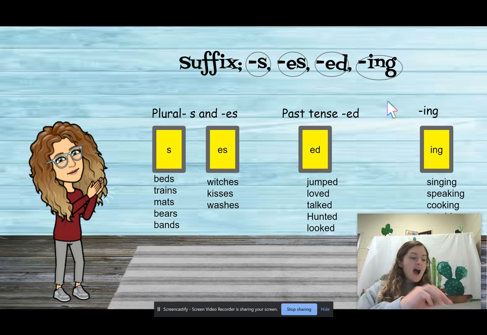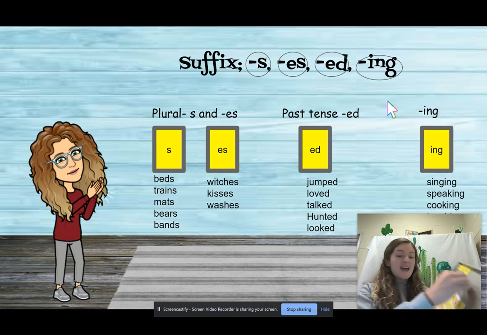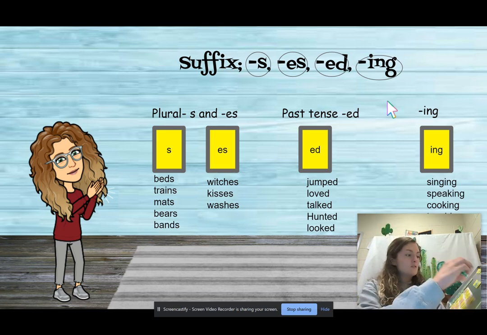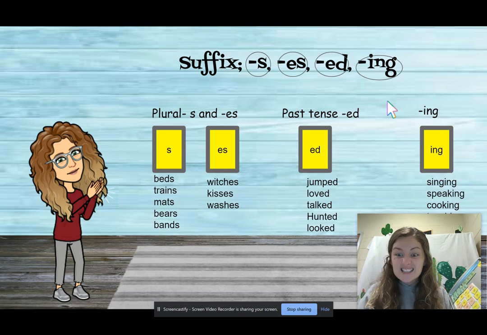All right. If I have the word ring, let's say Miss Mason is wearing more than one ring, what does it become? Rings. Now remember from last year, we talked about how sometimes that suffix S can sound like a Z, right?